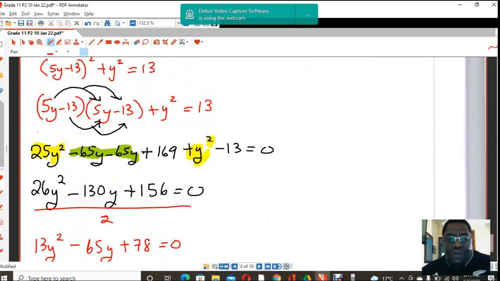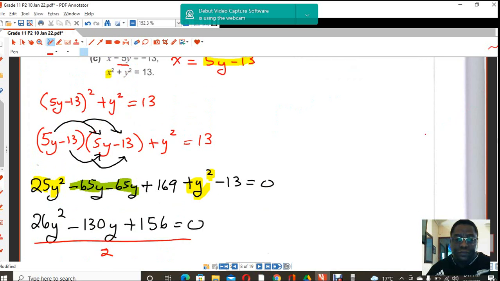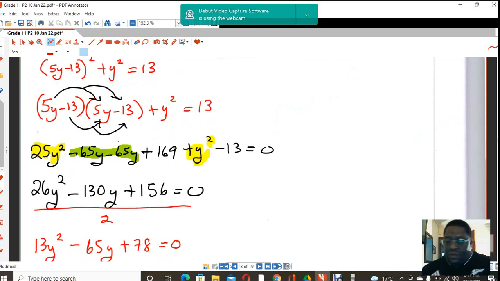So you use the formula, you probably will get something like, I will just write it here. Maybe I'll write it in a different color.